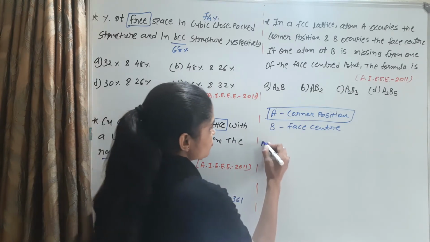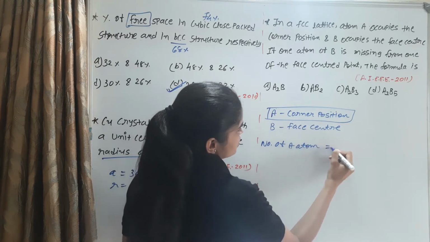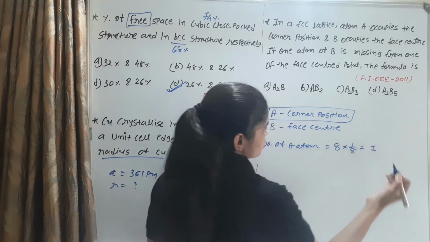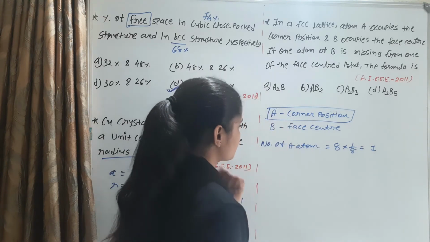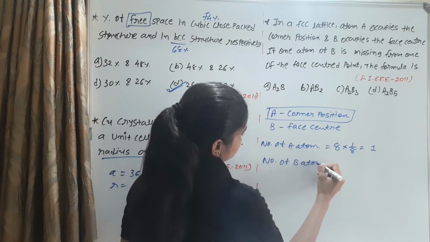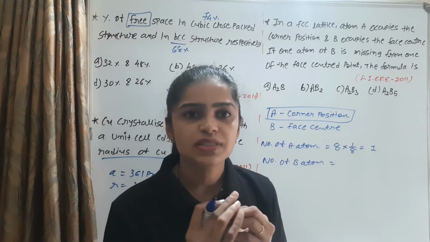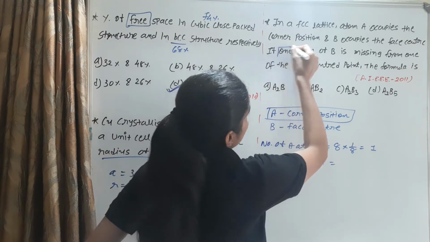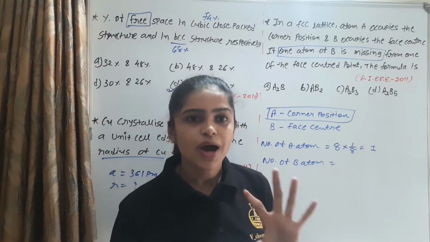So the number of A atoms is 8 times 1 by 8, which is 1. Then B is at the face center position. In the face centers a total of 6 faces are present, but in this question one atom B is missing, so 5 positions.